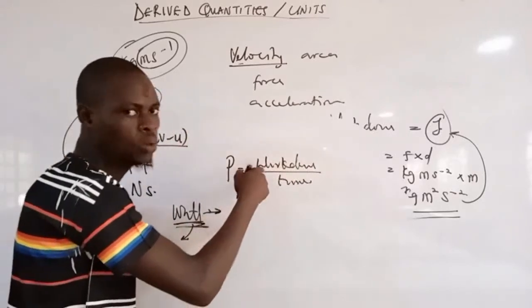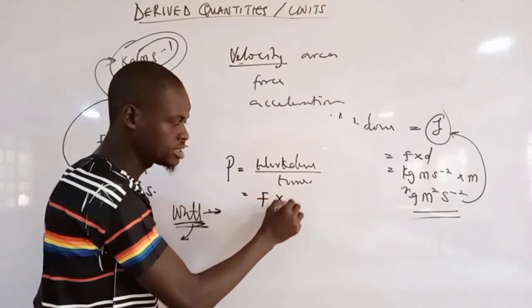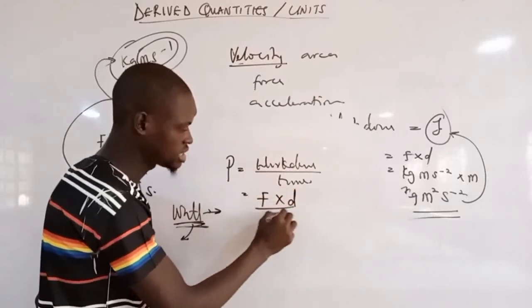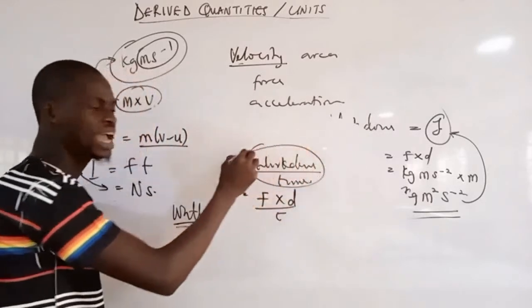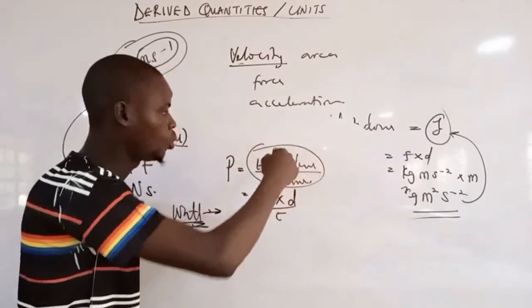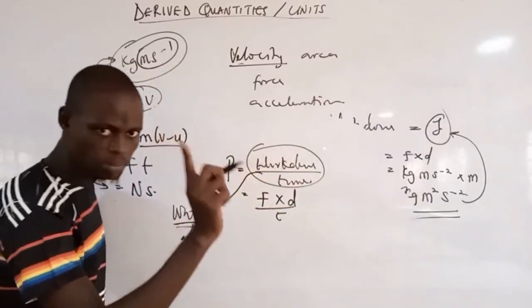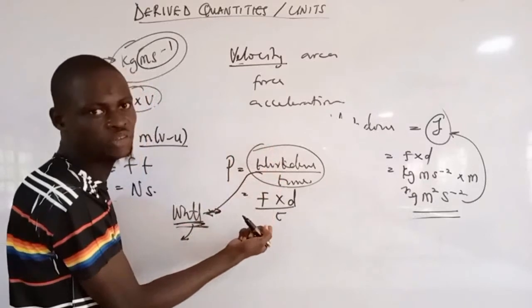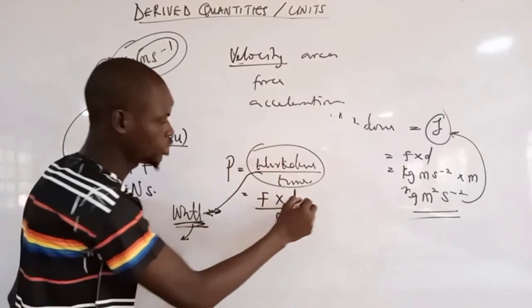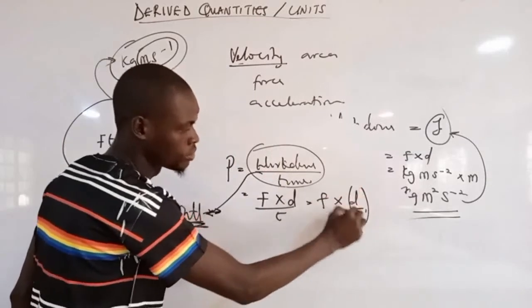That means my work done on the body can be related as force times distance all over time. That is, work done over time, if it is in your options, is a formula related to watts. That is number one. Also, from this work done over time, we can derive another formula.